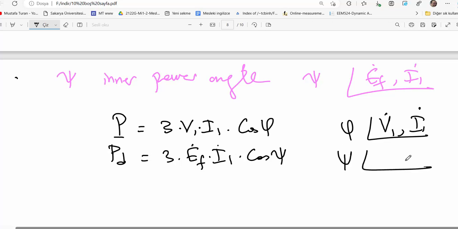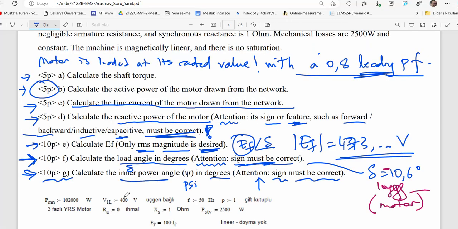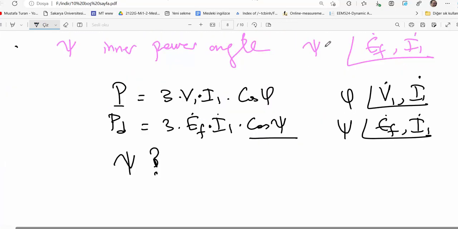Psi is the angle from EF to current. That is dot product. Remember, dot product you should multiply by cosine. Okay, you have remembered this. The question asks what the inner power angle is.